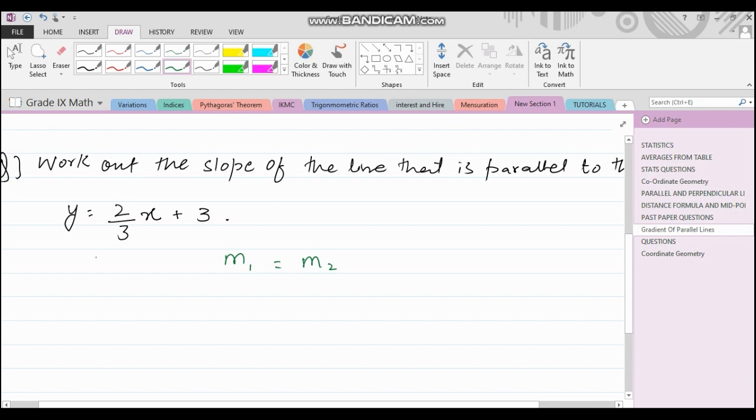So let's just find out the slope for this one. I know y is equivalent to mx plus c, so I could compare the values and I could see m is equivalent to 2 over 3. So the first line's slope is 2 over 3, so the second line would also have a slope of 2 over 3. So there you have it, the answer is 2 over 3.